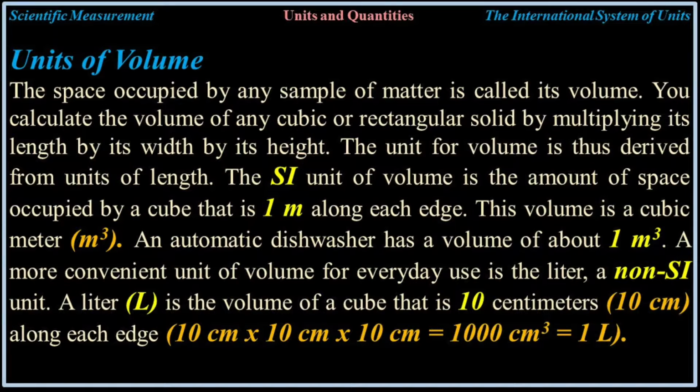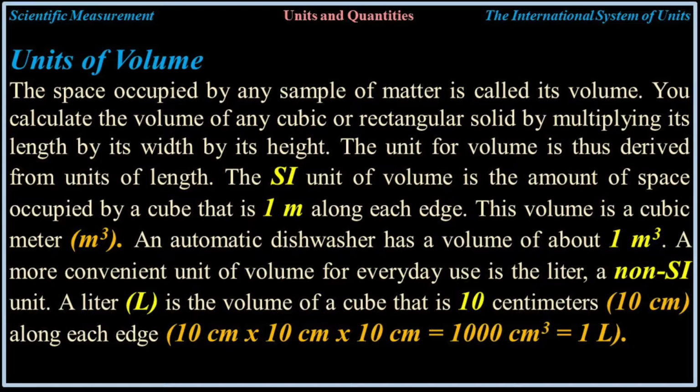Units of volume. The space occupied by any sample of matter is called its volume. You calculate the volume of any cubic or rectangular solid by multiplying its length by its width by its height. The unit for volume is thus derived from units of length. The SI unit of volume is the amount of space occupied by a cube that is 1 meter along each side.